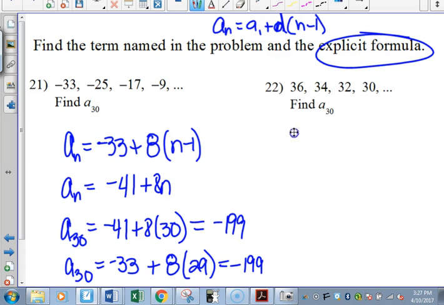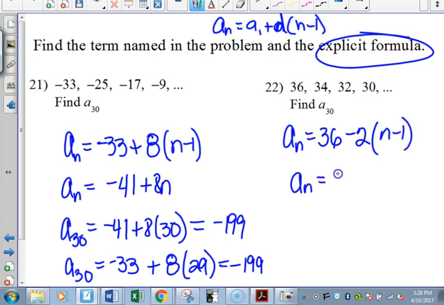All right, so this one, what's a sub n? First term, 36 minus 2 and minus 1, which becomes what? 38 minus 2n, maybe?